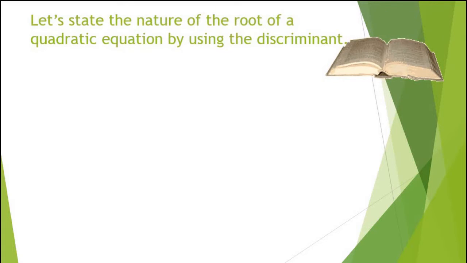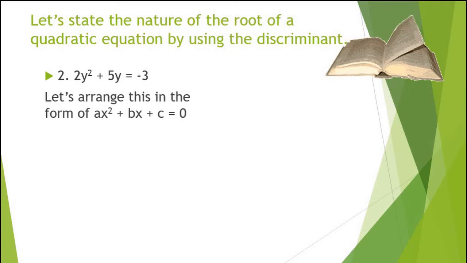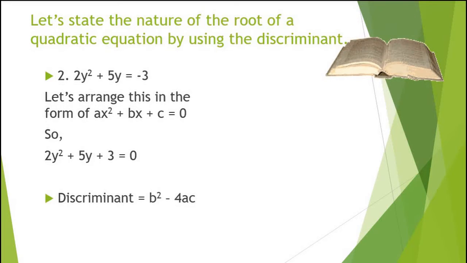Number 2, 2y squared plus 5y is equal to negative 3. Let's arrange this in the form of ax squared plus bx plus c is equal to 0. So, 2y squared plus 5y plus 3 is equal to 0. The discriminant is equal to b squared minus 4ac.